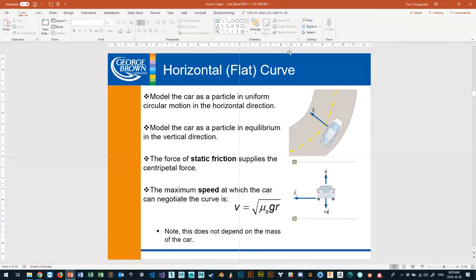And that means if the radius is a smaller number, then velocity is going to be a smaller number. There's a proportionality: the larger the curve, the more speed I can go around the bend; the smaller the curve, the less speed I can go around the bend. And then there's this gravity thing that makes a difference as well.